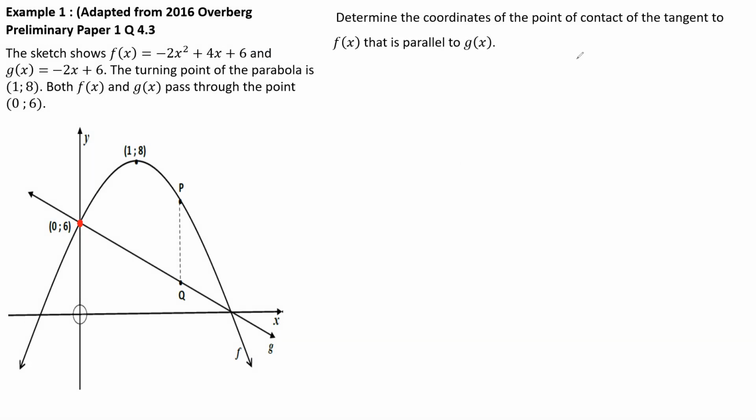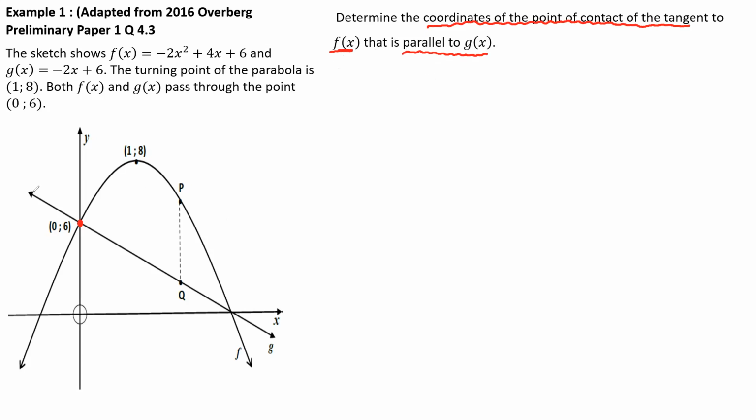So a couple of things I need to note here. I'm looking for the coordinates of the point of contact of the tangent to f of x. So there is a tangent to f of x, and that tangent happens to be parallel to g of x.